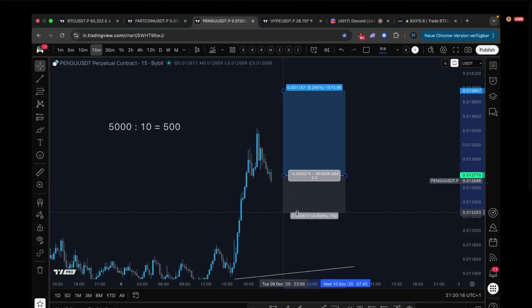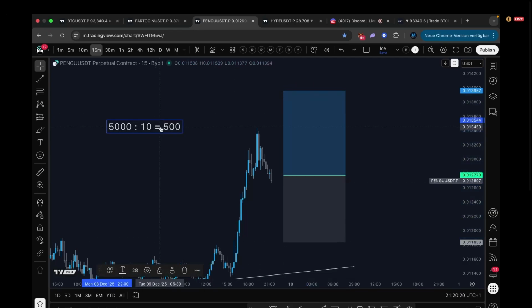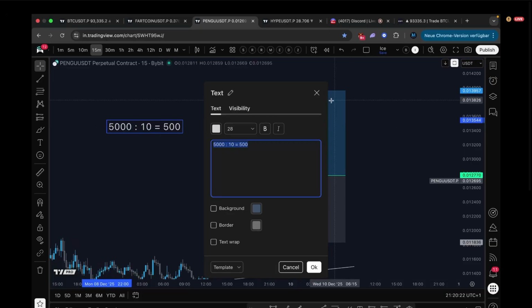If the stop is like here, 7% below my entry, and I have 10K, as I said, then we do 10K divided by 7, which is the stop, or let's say 8, because I think it's easier.